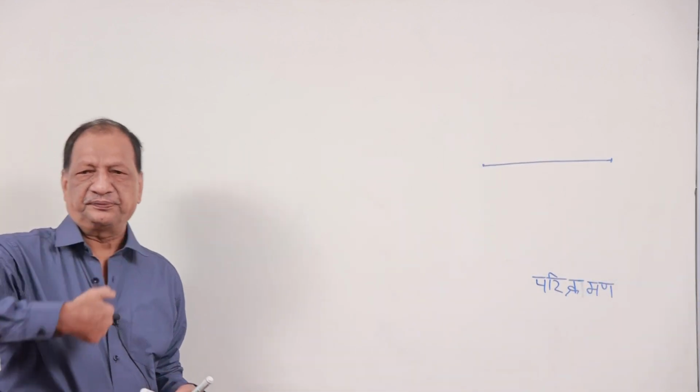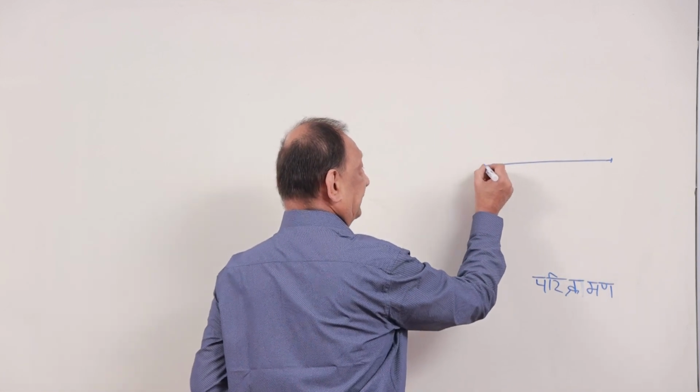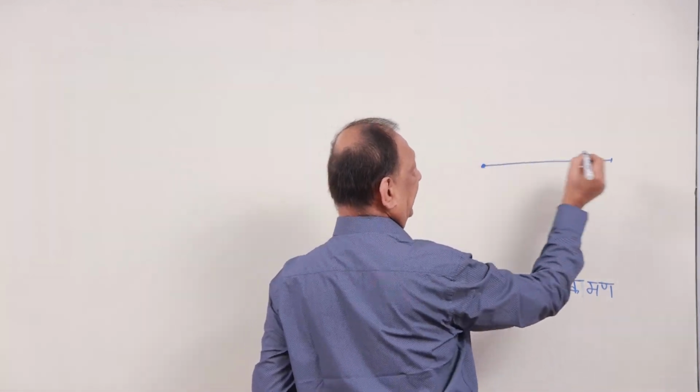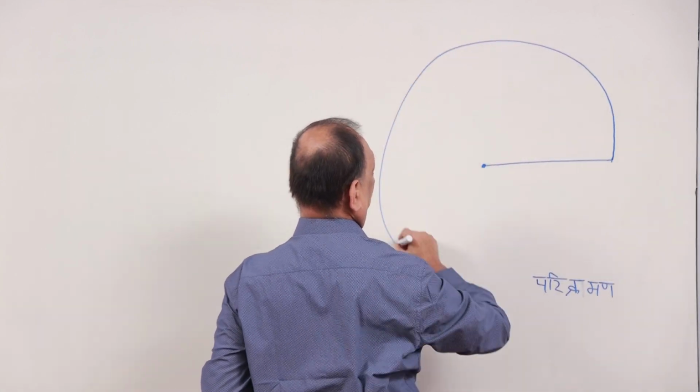Going around in a circle, no? Parikramana we do in temples, no? So, starting point, there is a center and there is a starting point, and we go one round, a full round.